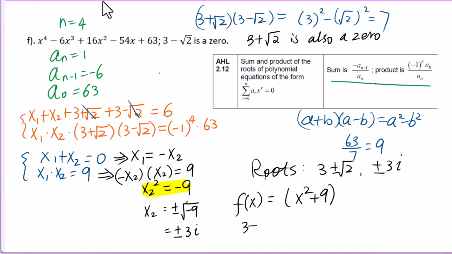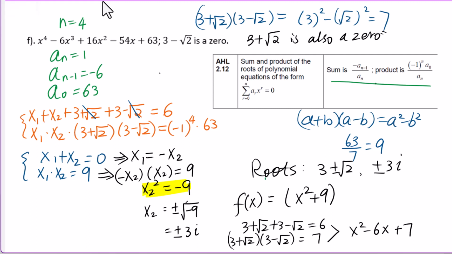Since 3 plus square root of 2 plus 3 minus square root of 2 equals 6, and 3 plus square root of 2 times 3 minus square root of 2 equals 7, we can get Vieta's form of this quadratic function, x squared minus 6x plus 7. So f of x equals (x squared plus 9) times (x squared minus 6x plus 7).